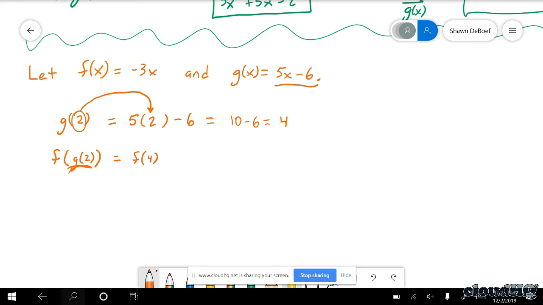I plugged 2 into the G to get my answer. And so then I plug 4 into the F. So the F function says negative 3 times x, but I'm not using x. I have to plug in 4. Negative 3 times 4 is negative 12. That would be the answer.